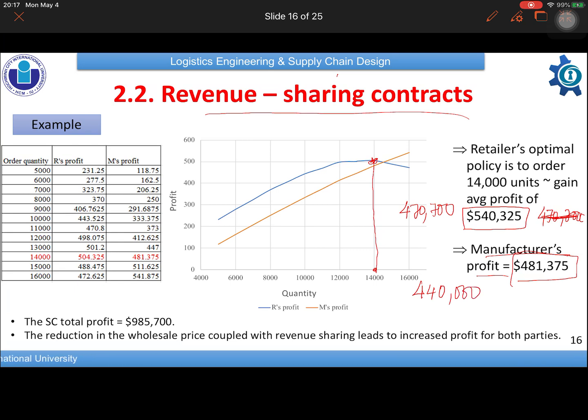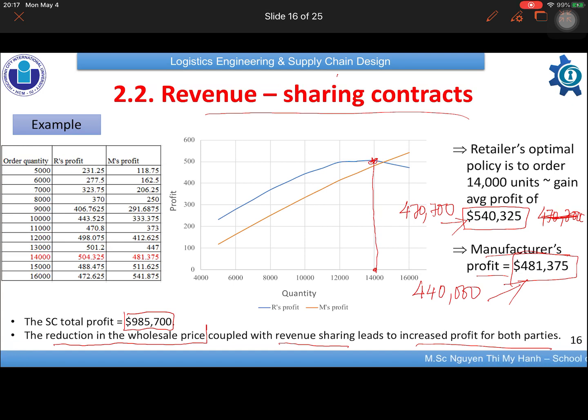So we can see if they sign the revenue sharing contract, the profit of both retailer and manufacturer increase. Okay, and the supply chain total profit is equal to this, 985,700. So we have the conclusion that when they reduce the wholesale price and sign the revenue sharing, it will lead to increased profit for both parties. So it will be good.